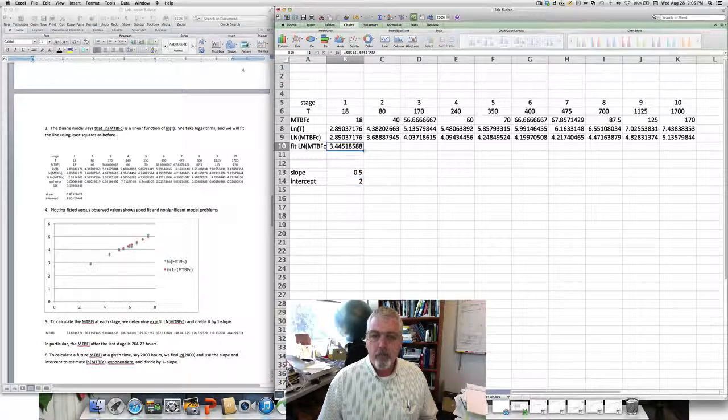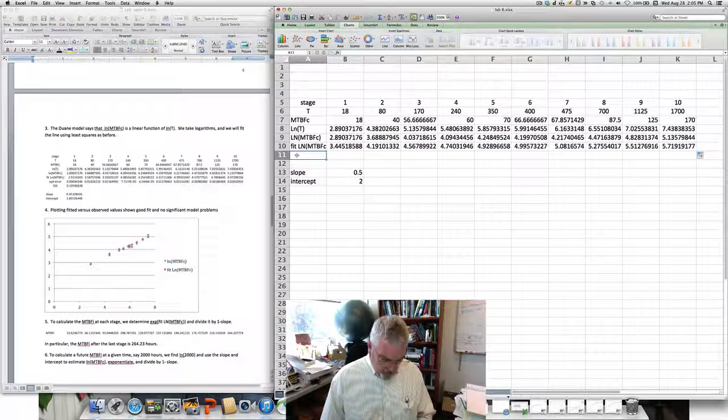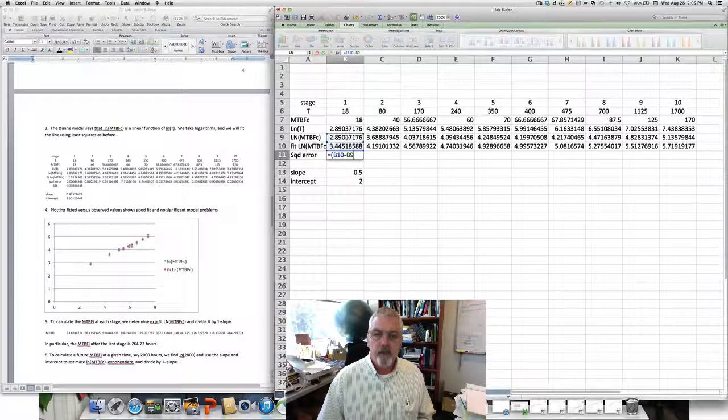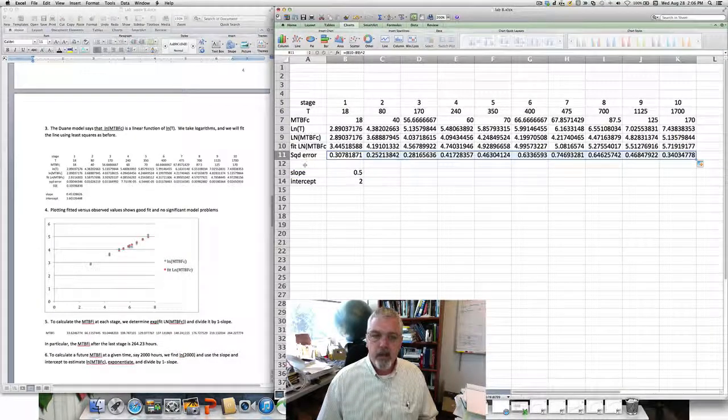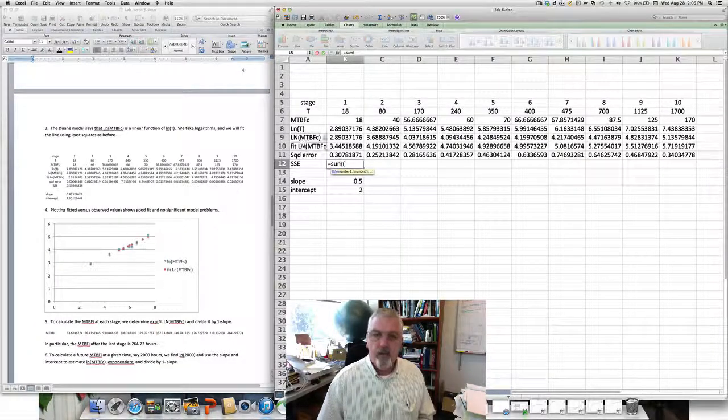Okay, and then I copy these over, and then out of this I get a sum of squared error, just as we did before, which is equal to the fitted value minus the actual value, squared. We copy those over, and then we have a sum of these squared values, equals the sum of all of this.